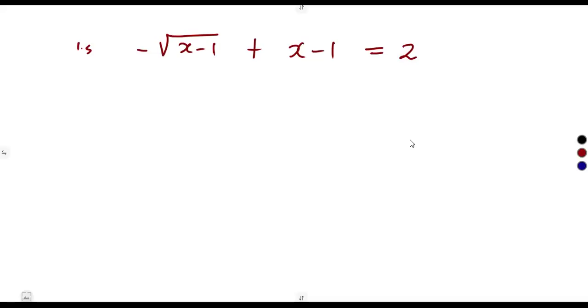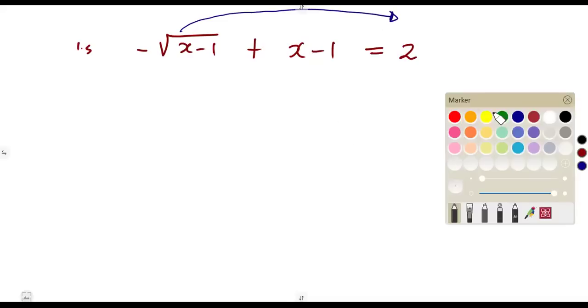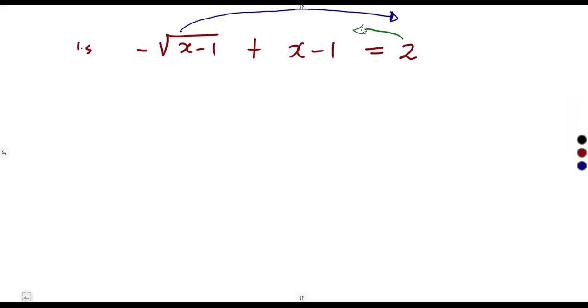So how can we make this to be positive? Because it's carrying a negative. It's up to us. We can take this to the other side of our equation like this. We can transpose it, take it so that it crosses the equal sign, and take these two to the other side of our equation.